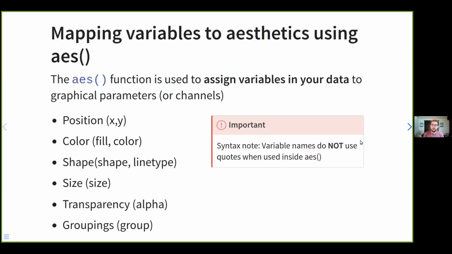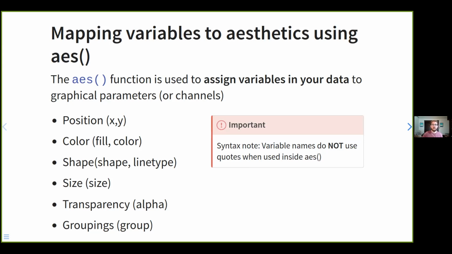You can also map variables to the aesthetics of a geom using the aes function. So remember that function from before. It can be a little intimidating at first, but it's actually not that bad and becomes very useful when you do more complicated things like setting data to different channels, as we talked about in the early part of this presentation. So the aes function can be used to assign variables in your data to different things like position, x and y, the color.